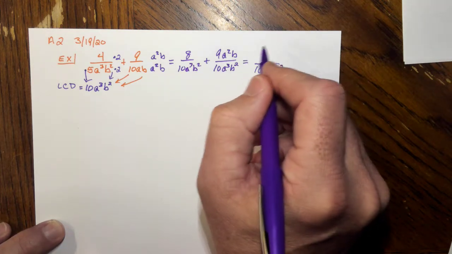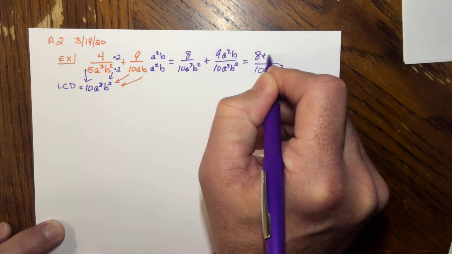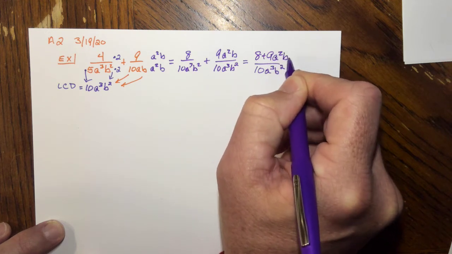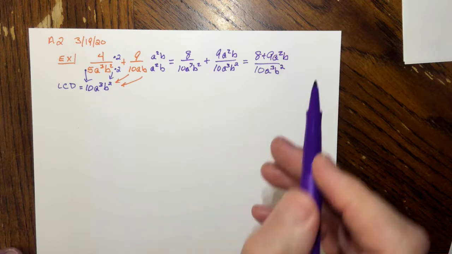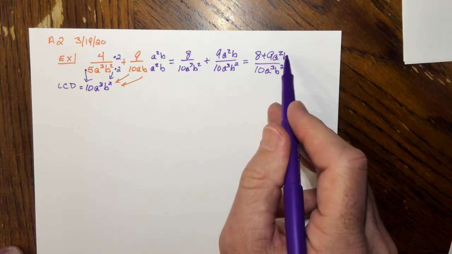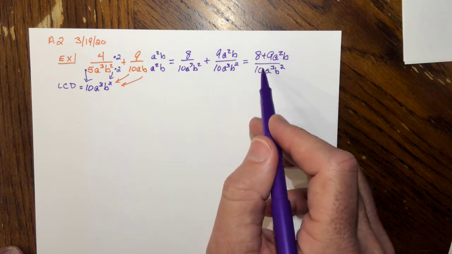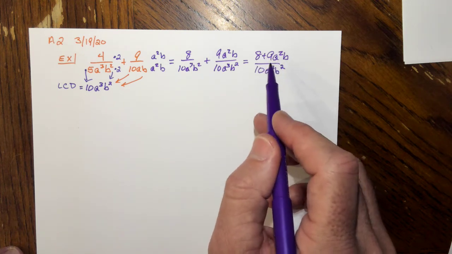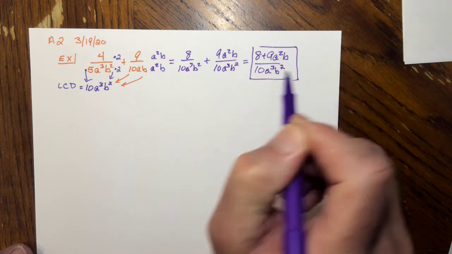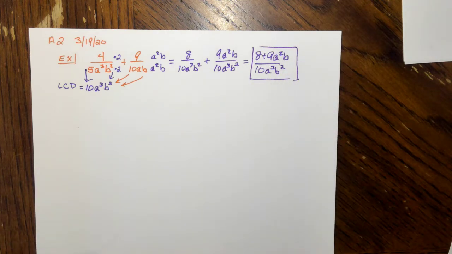And we have that. Now, before you start saying, well, I can cancel these things out, there's a sum up here. You're not going to cancel things out when there's a sum or a difference. It's got to be all or nothing. Final answer. And that's what we have. And we walk away from it.